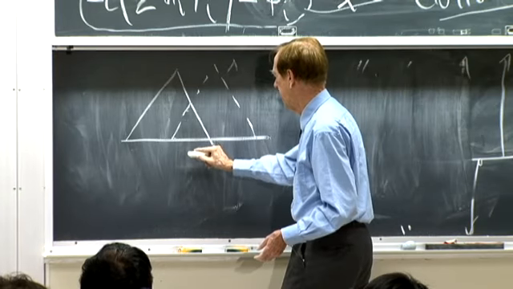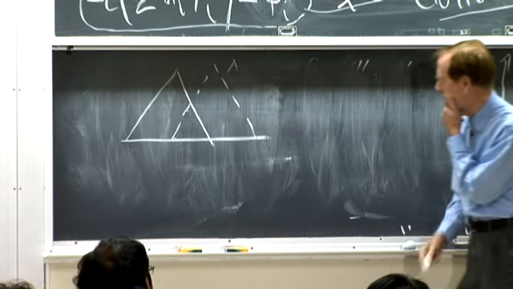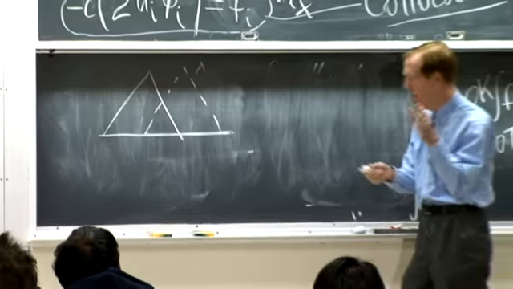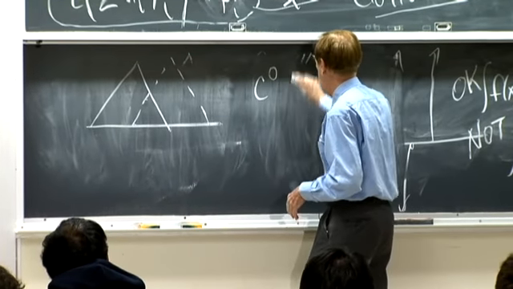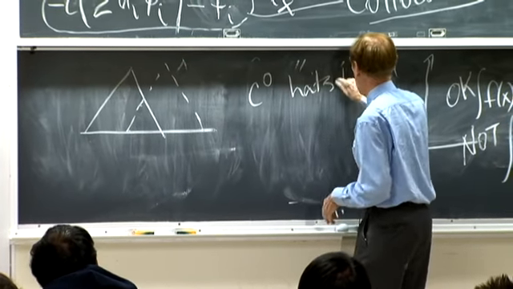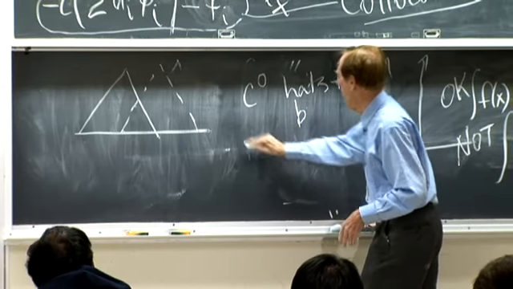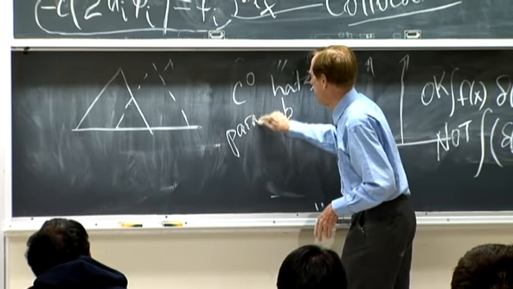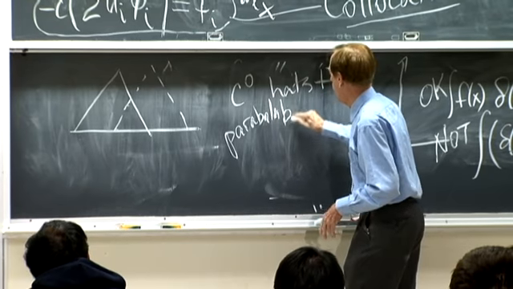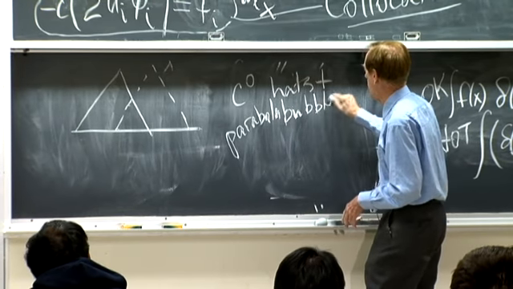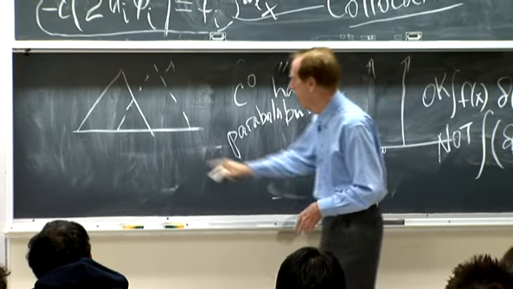These were only C0, hats plus bubbles, plus parabola bubbles, quadratic bubbles. So how did those go?